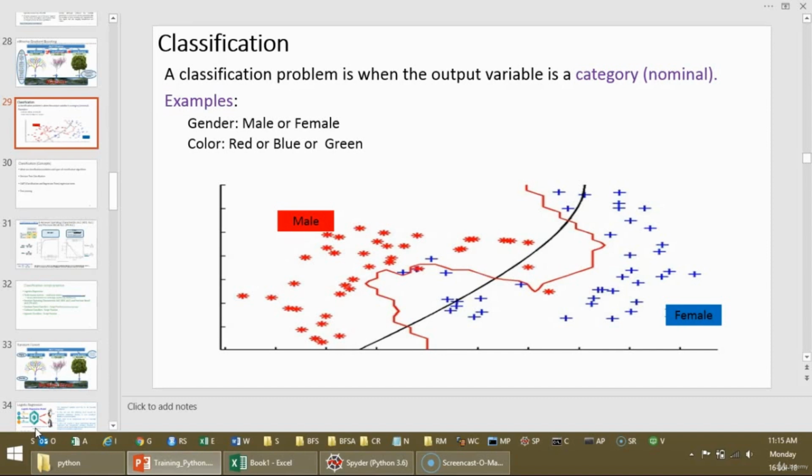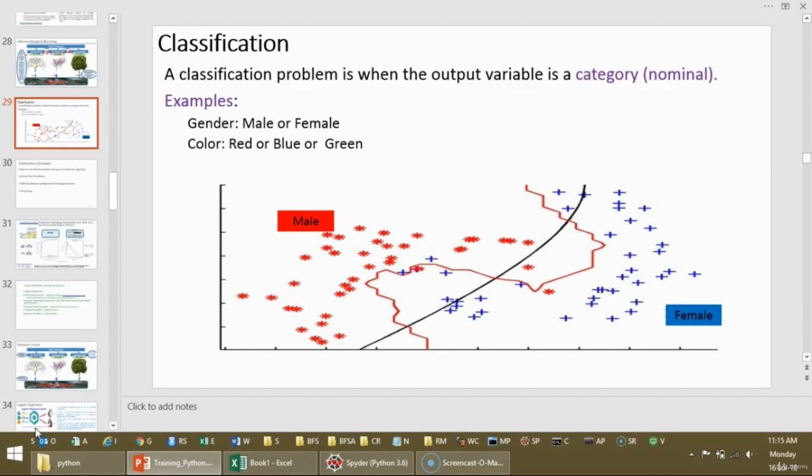In classification, the response variable is a category, basically nominal, most of the time nominal only. Although ordinal can also be used in classification, as per my experience I have seen mostly nominal, and ordinal is generally taken care of in regression.